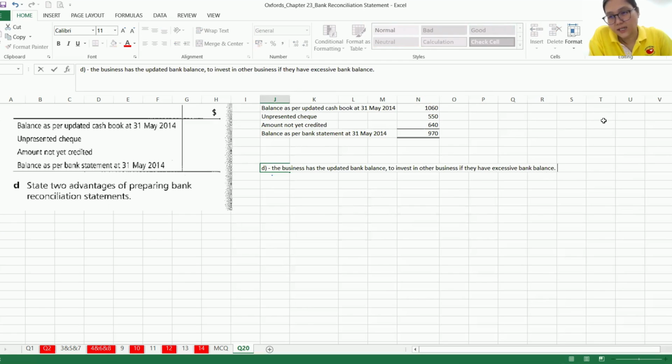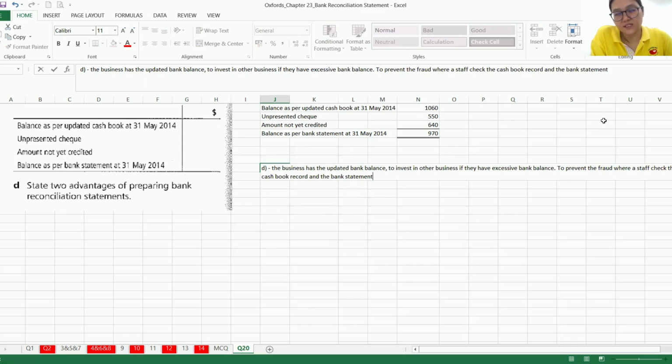So other than that, it also helps to prevent fraud, where staff check the cash book record and the bank statement.